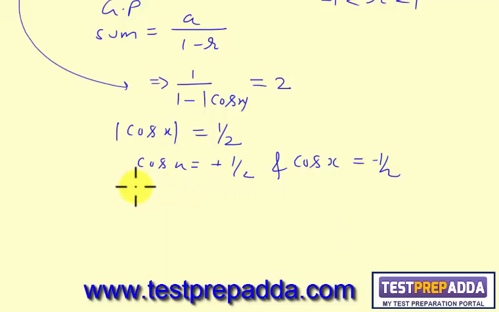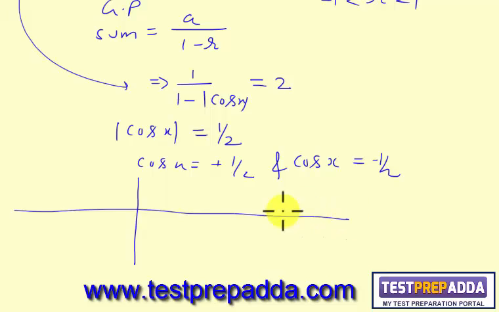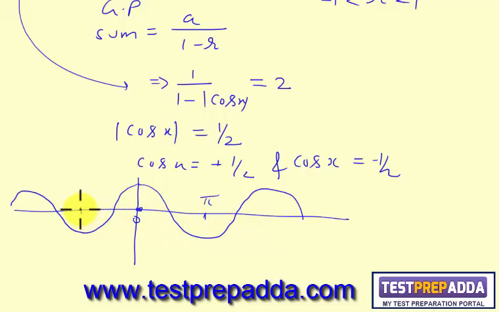Now, with the help of graph, if I try to draw cos x graph, it will be like this. This side also. Okay, this is 0. This is pi. This is minus pi.